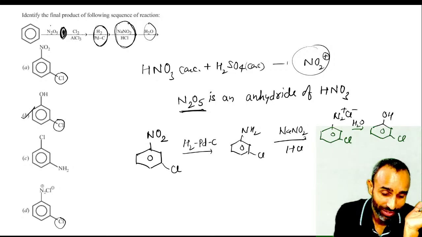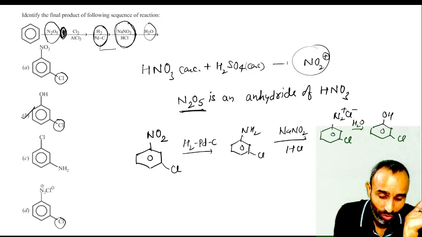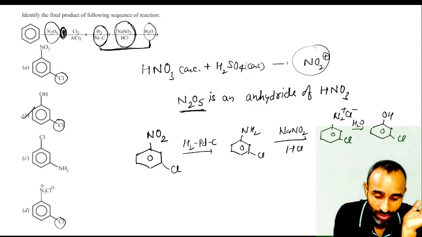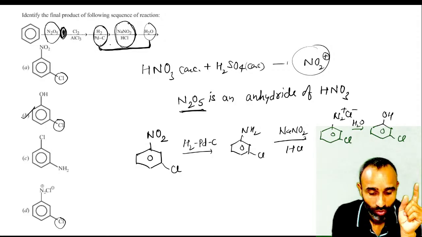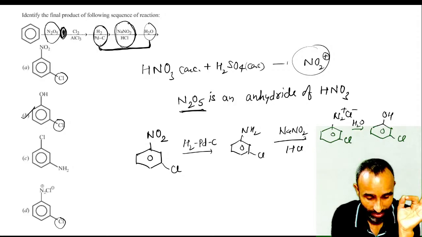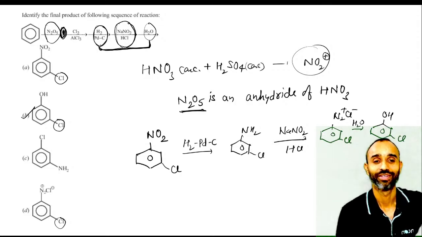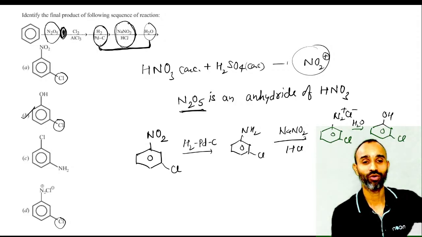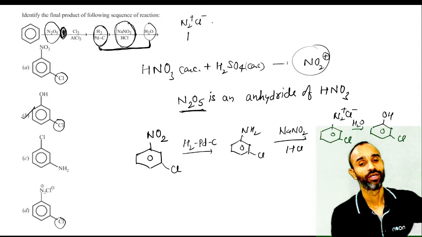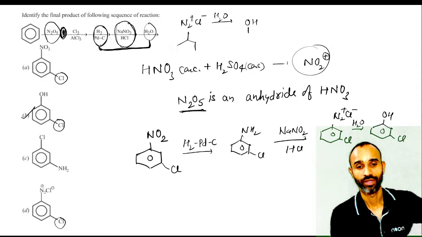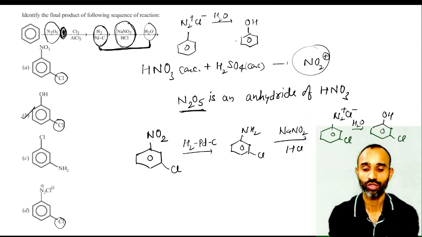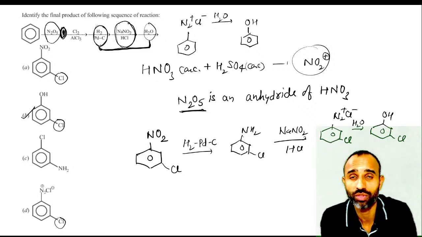NaNO2/HCl gives N2 positive, Cl negative, and H2O gives OH attached to the ring. So if options are given, the question sometimes becomes simple.